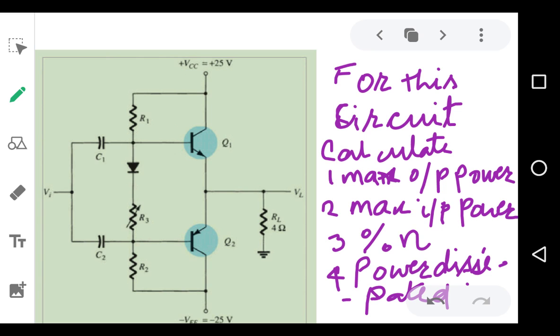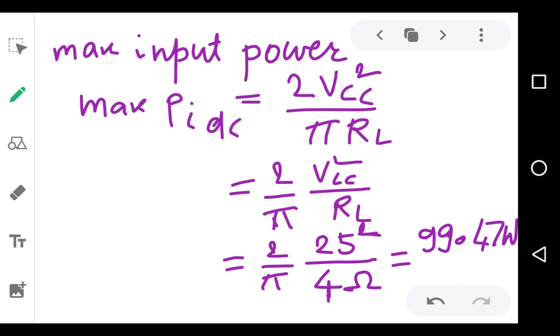So for this given circuit you have to find out the maximum output power, maximum input power, efficiency because of these maximum power relations, and the power dissipated. So maximum input power is equal to 2 times VCC square upon pi RL, which comes out to be 19.47 watts.